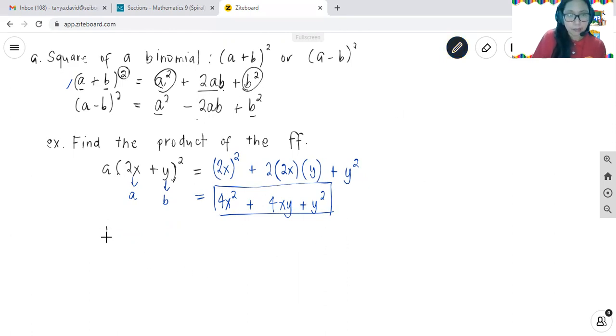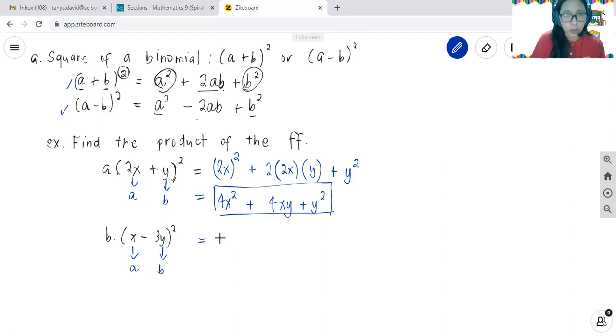Let's have another example. Let's have the binomial x minus 3y squared. So again, the first term is our a, the second term is our b. This time we will follow the second pattern because we have a difference of a binomial.